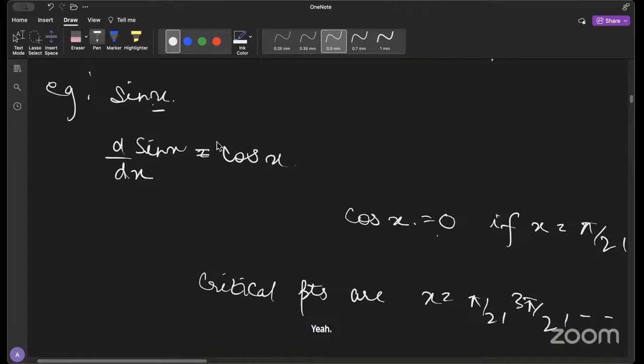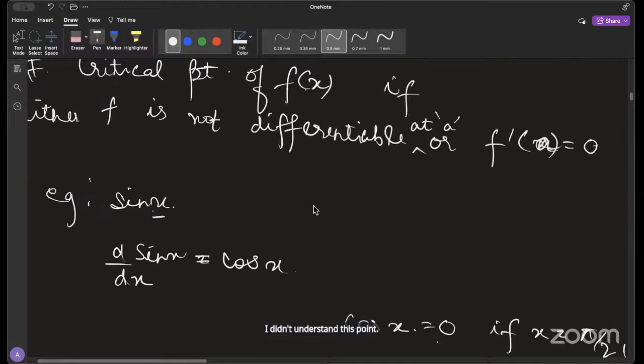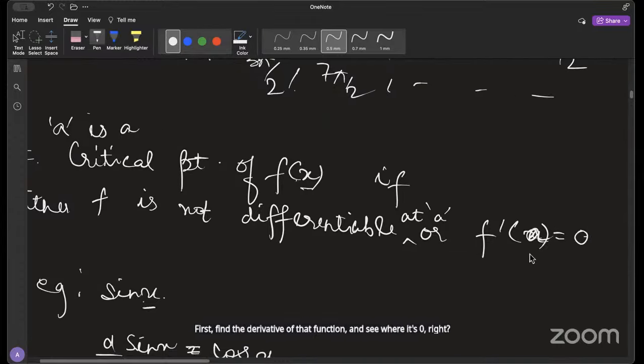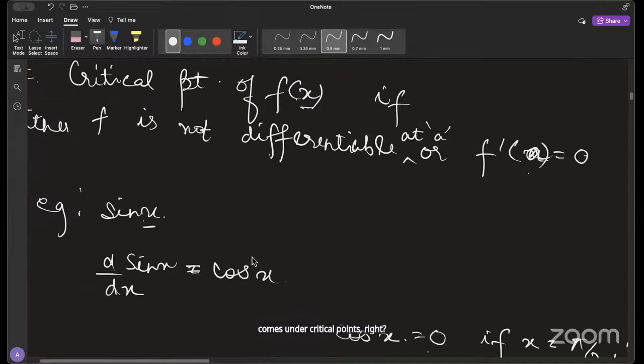I didn't understand this point. If you have a function, let's say f(x), and you have to find the critical points of f(x), then the way to do it is first find the derivative of that function and see where it's 0, right? Because all the points where your function's derivative is 0 come under critical points. That's one.